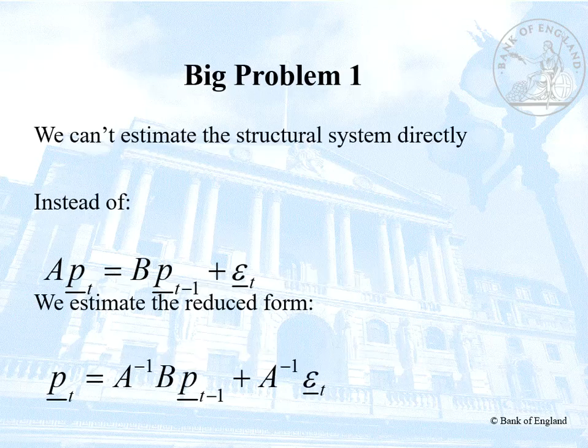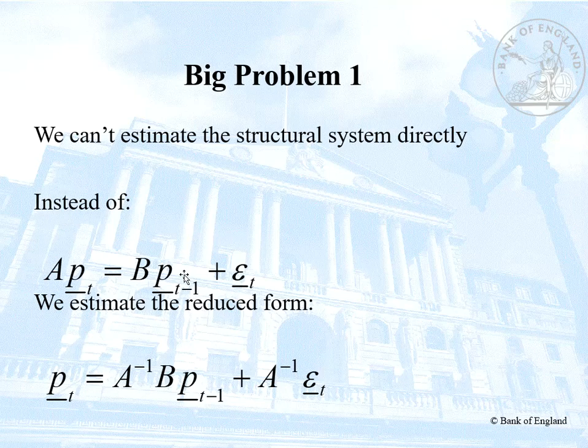But we will meet some big problems. First, we cannot estimate the structural system directly. Instead, what we can estimate is a reduced form. Because if we have the A at the left hand side but the B at the right hand side, it is impossible to estimate because you will have endogeneity problems.